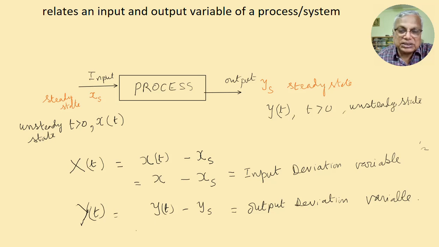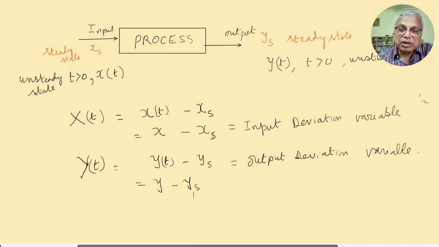You can also write it simply as y minus ys. The lowercase letters represent the actual values at steady state and unsteady state. The uppercase represents the deviation of the variables from their respective steady state. Capital X of t is x, the value at any time, minus xs, the value at steady state.